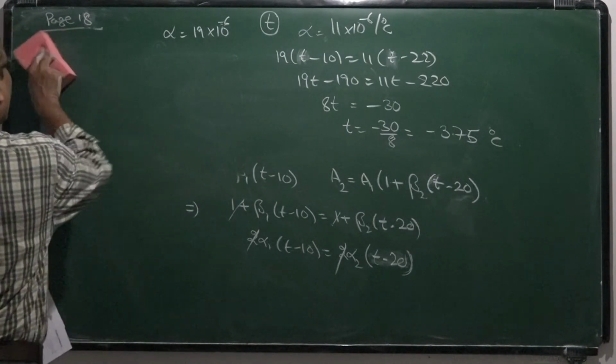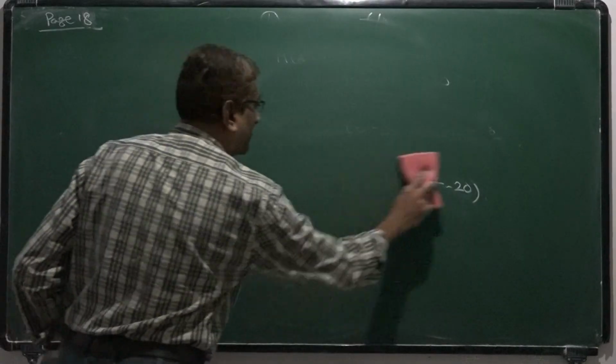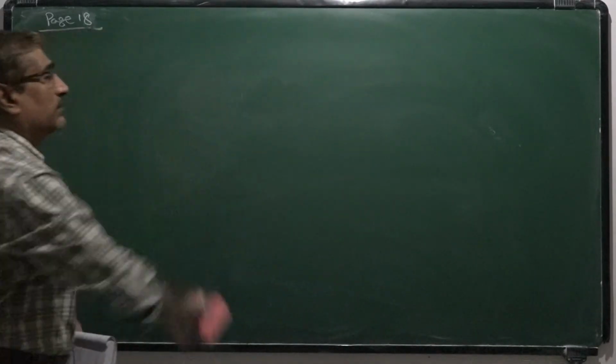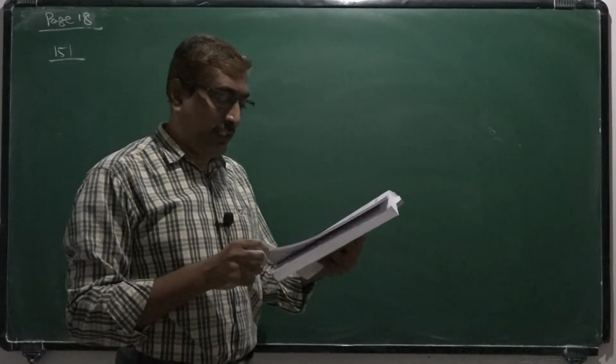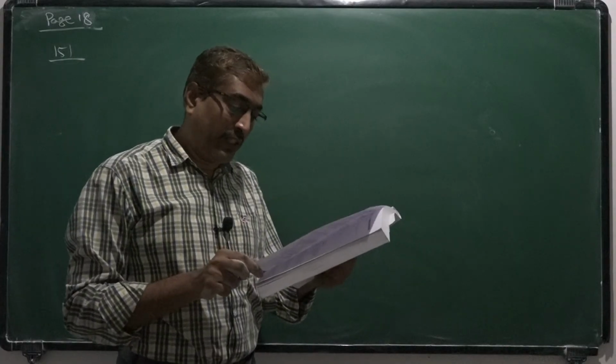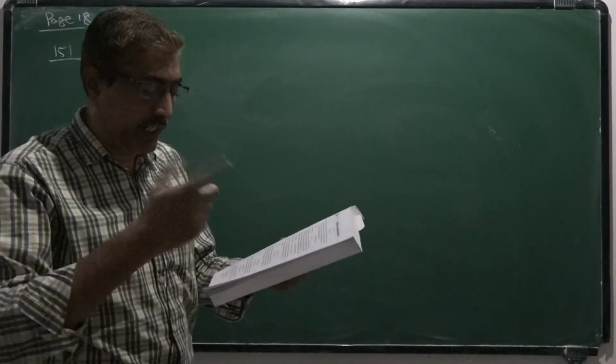Next, in this one only, 151. A crystal has coefficient of expansion 13 into 10 to the power minus 7 per degree centigrade in one direction and 231 into 10 to the power minus 7 per degree centigrade in every direction at right angle to it.